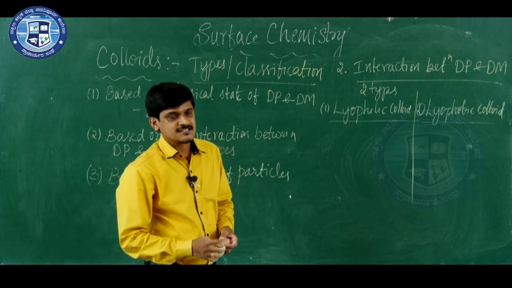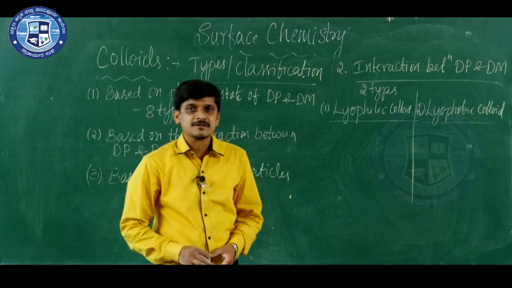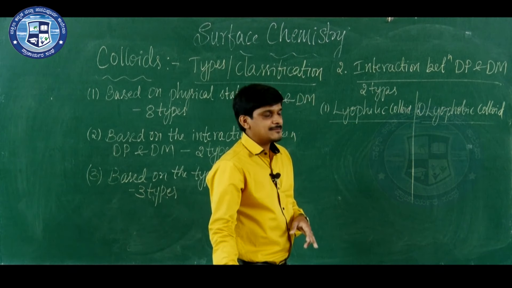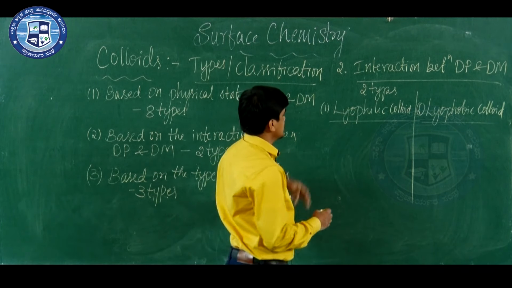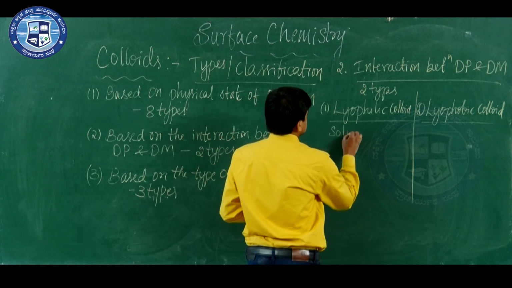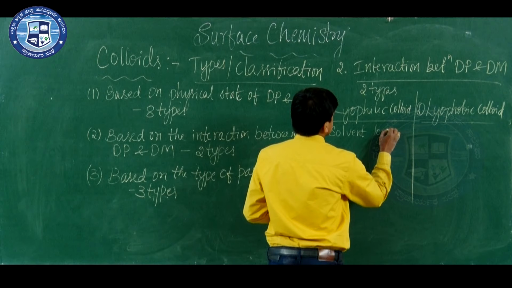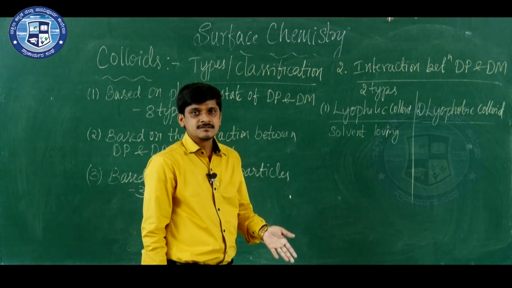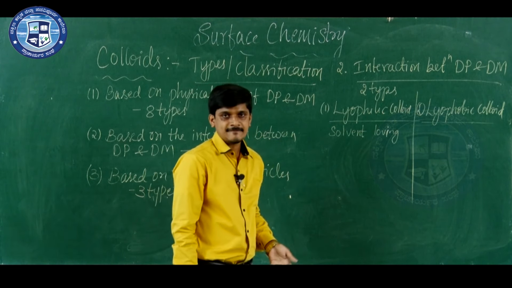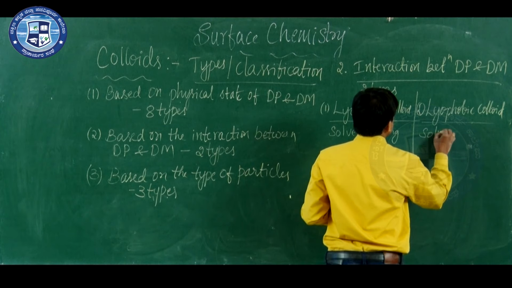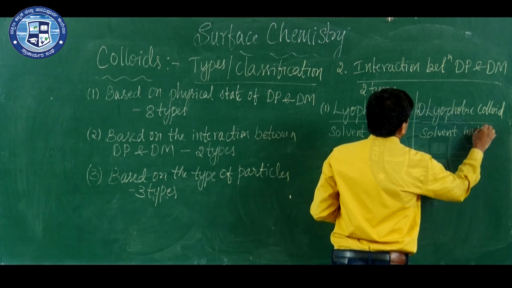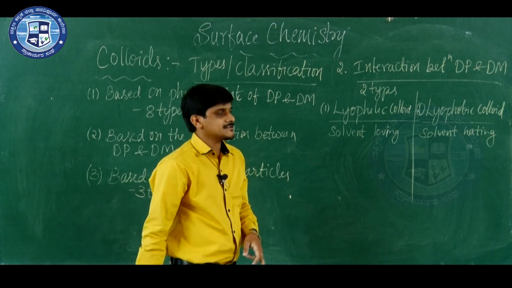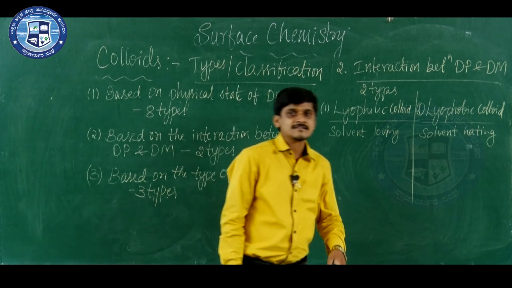Philic means attractive, loving. So lyophilic colloids are solvent loving colloids, and phobic means phobia, hating. So lyophobic colloids are solvent hating colloids. Solvent loving colloids are lyophilic colloids, solvent hating colloids are lyophobic colloids.